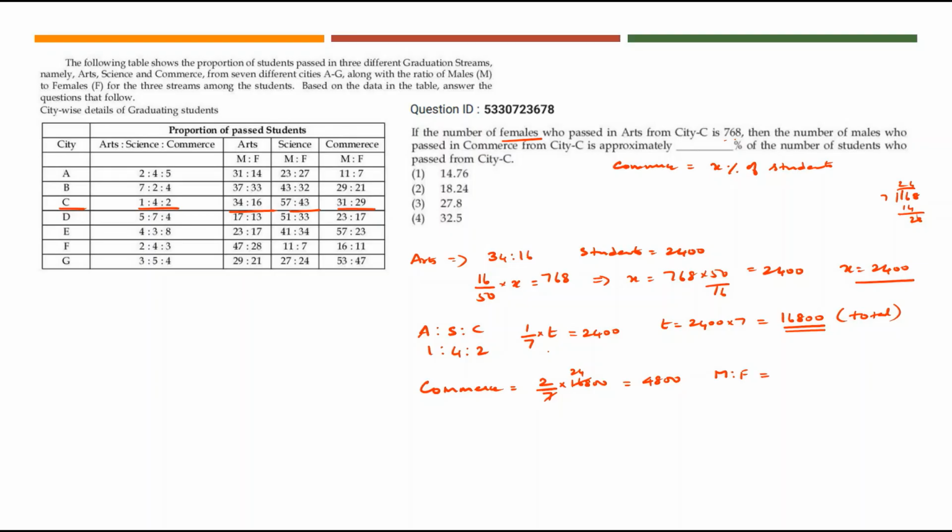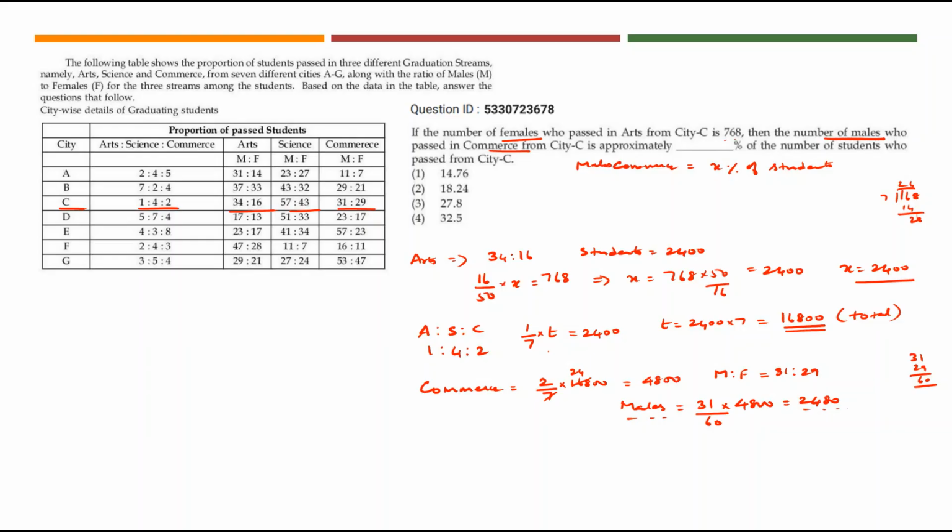It is 31:29. So in that we have to take only the number of males passed in commerce. So males is equal to 31 by 60. So 31 plus 29 will give you 60, into the total number of commerce students 4,800, will give a value of 2480.